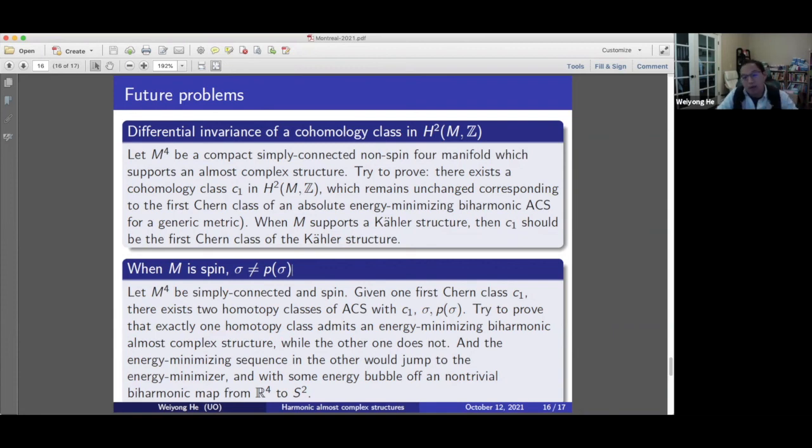And the energy minimizing sequence in the other one should jump to the energy minimizer in this class, with energy bubbling off a non-trivial biharmonic map from R4 to S2. Even though we know that exists by our technique now, we lack a detailed understanding of this kind of biharmonic map.